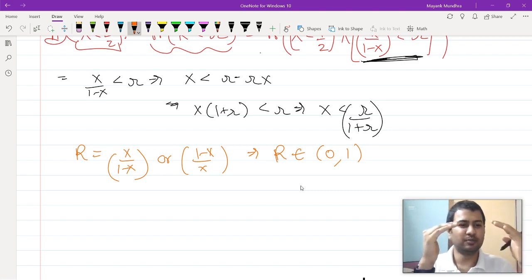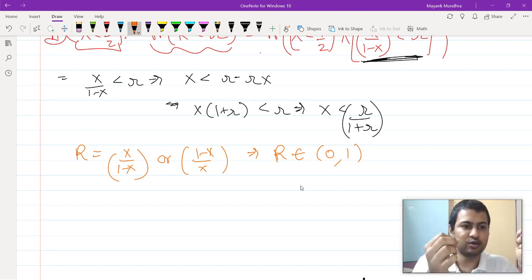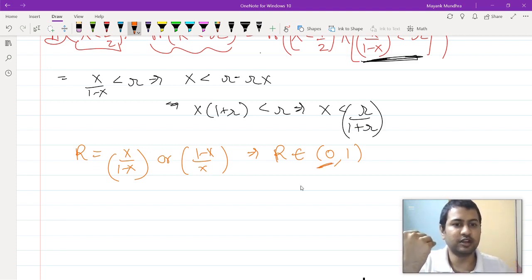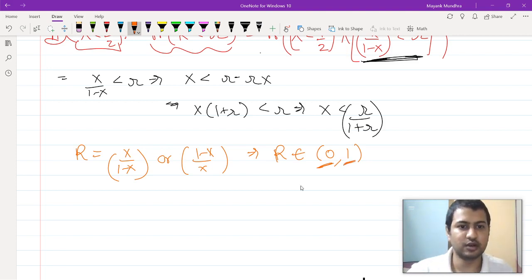The smaller portion, at the very least, could be 0, and in the limit it could be equal to half. When the smaller portion is 0, the ratio becomes 0. When the smaller portion is half, the larger portion is also half, and in that case the ratio becomes 1. You can take a closed bracket or open bracket, that's not important here. What's important is that capital R can take values from 0 to 1.